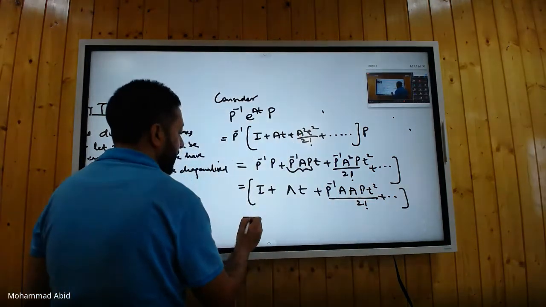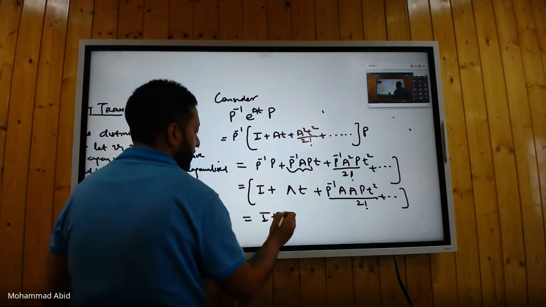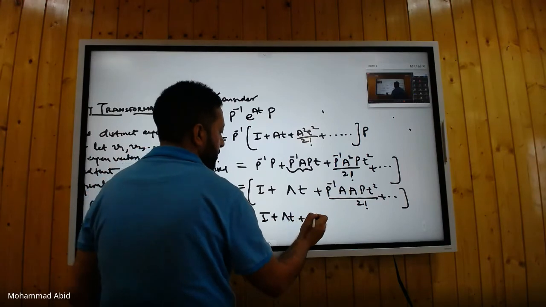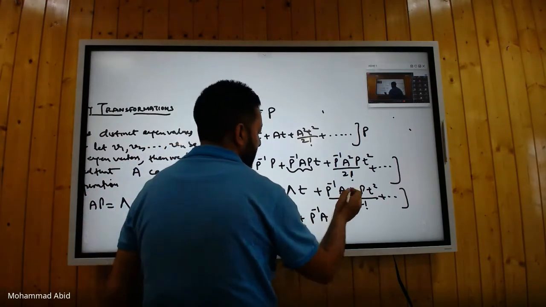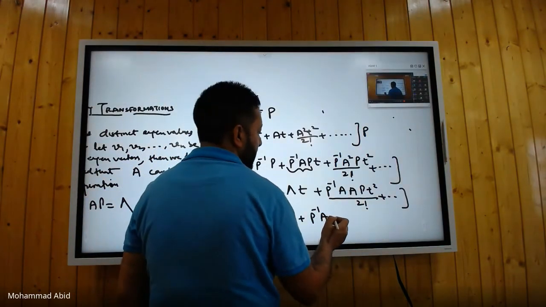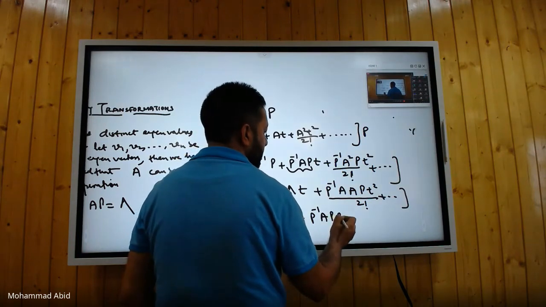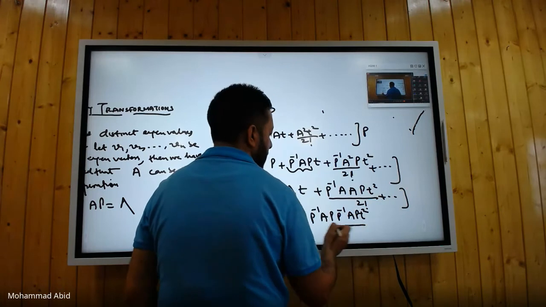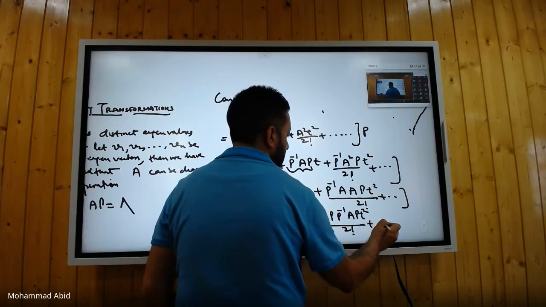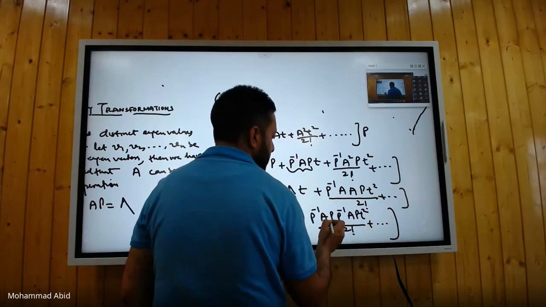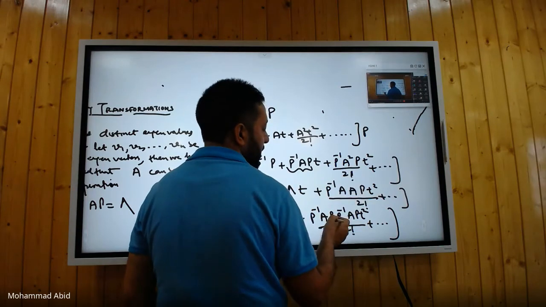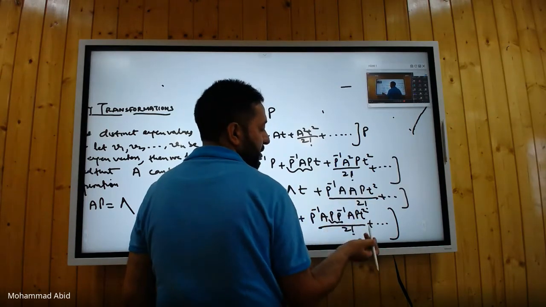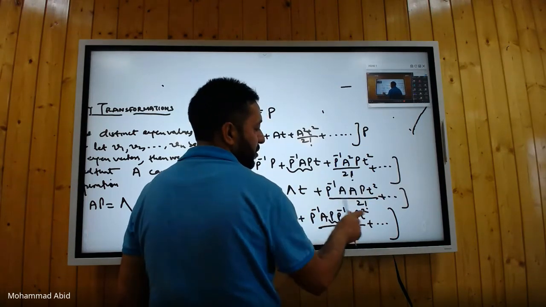So that is I plus lambda T plus P inverse of A, and here I can insert P inverse. Then I have AP T square upon 2 factorial plus 1. यहाँ पे बीच में मैंने ये PP inverse insert कर लिया, because it's equal to I, so this is not going to change the things.